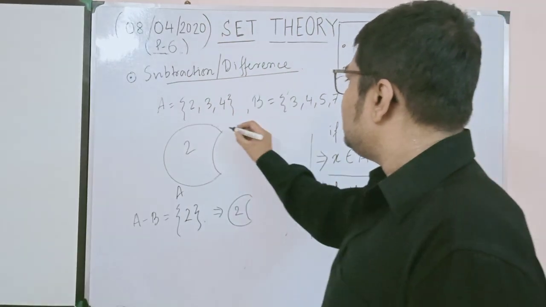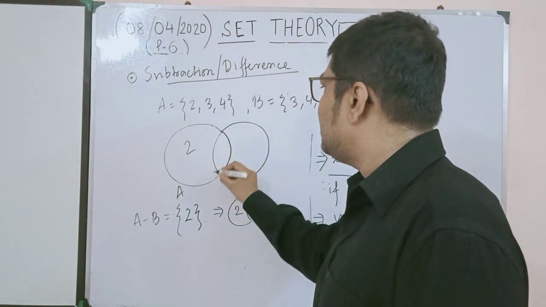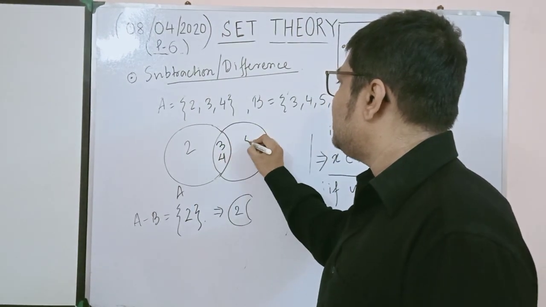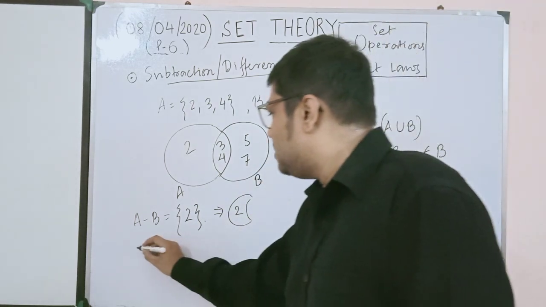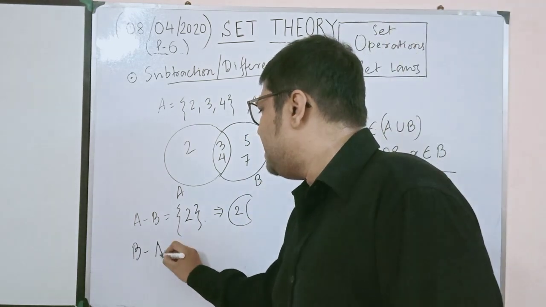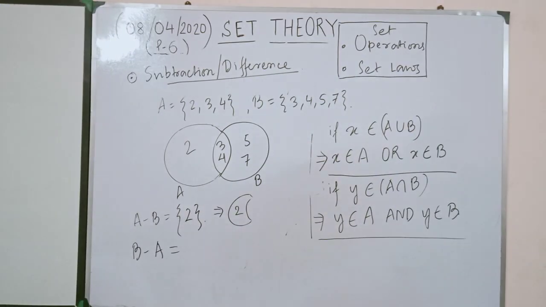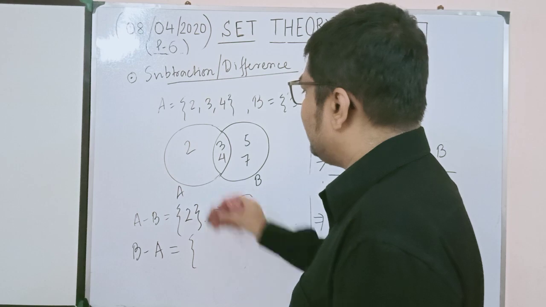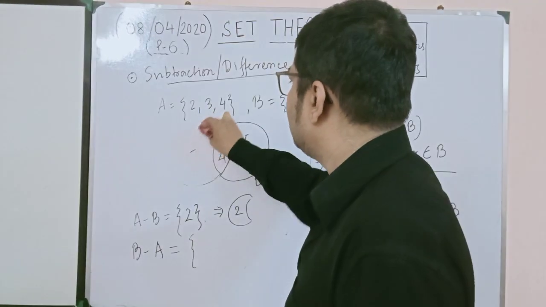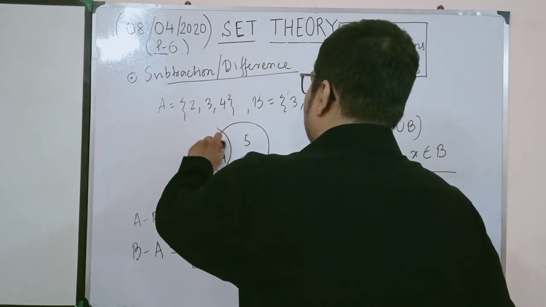Okay. Now let us make it more clear. I rewrite the thing. I will try to find out B minus A. So when I do B minus A, that means A has to be totally removed from this. So if A is removed, just see what happens. I will remove A, that means I try to delete A from this.